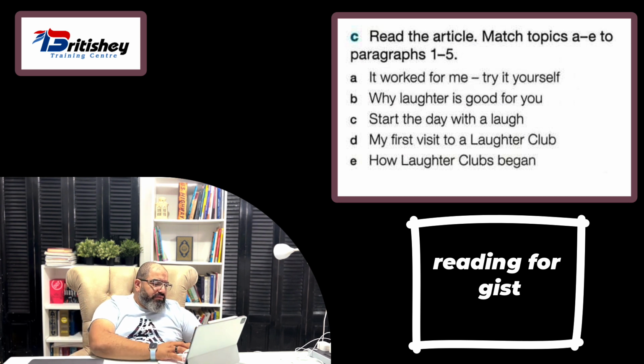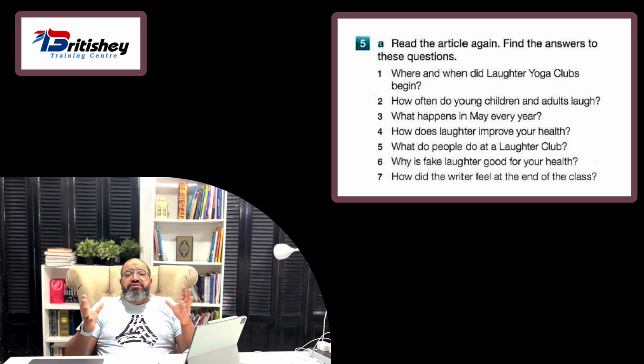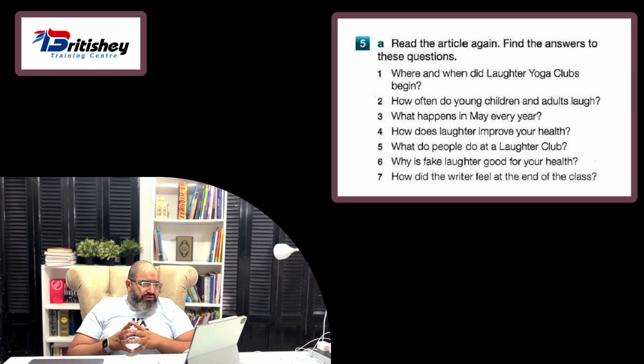So let's continue. Let's go to activity 5. Activity 5 says, read the article again. Find the answers to these questions. Where and when did laughter yoga clubs begin?